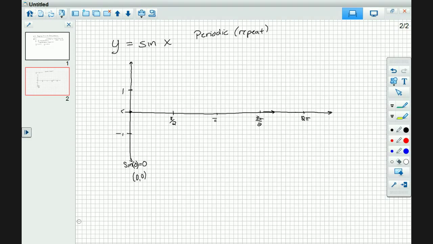What is the sine of pi over 2? 90 degrees, right? What's the sine value? 1. So our point is pi over 2, 1.